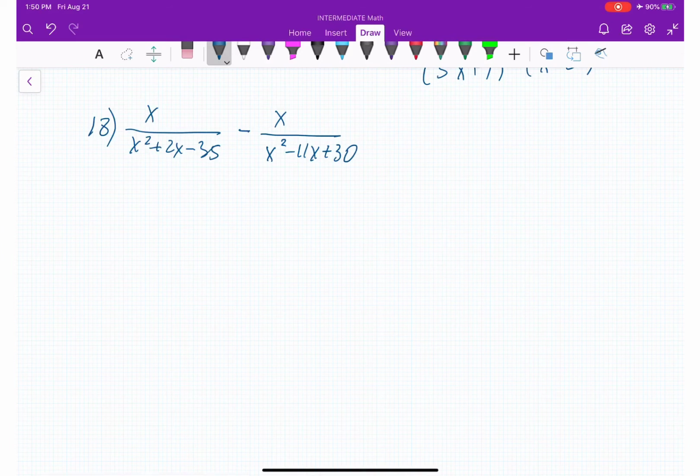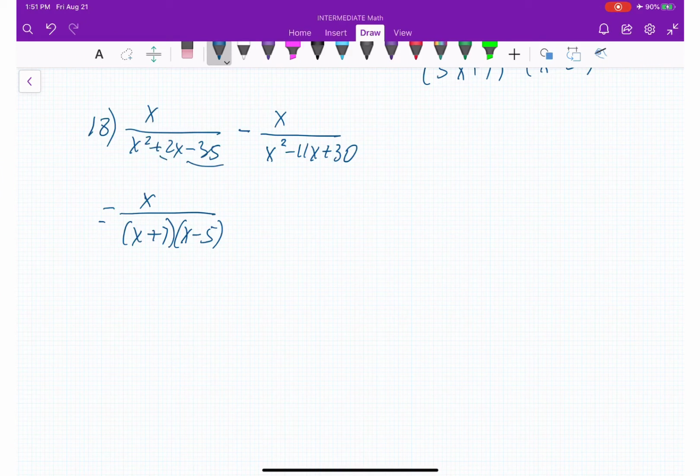All right. So, first of all, before we find a common denominator, we are going to factor first. So it's going to be 35. It's going to be plus 7 and minus 5, right? 7 times negative 5 is negative 35, and 7 minus 5 is positive 2.